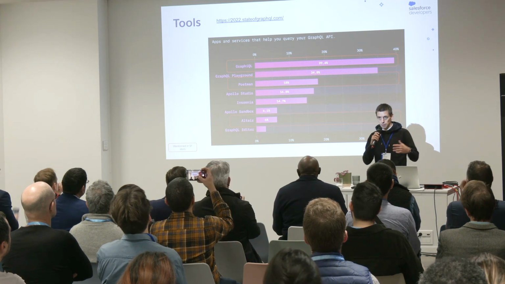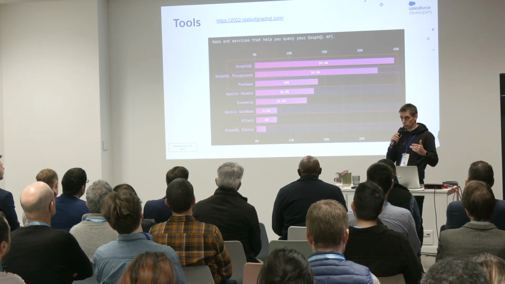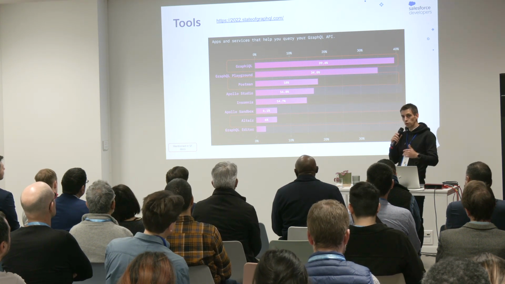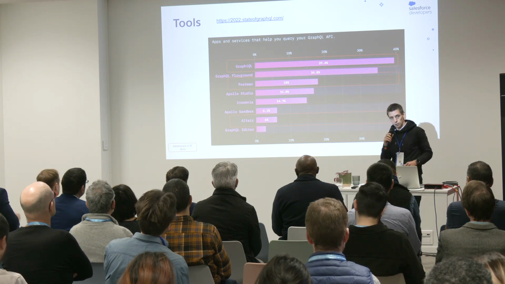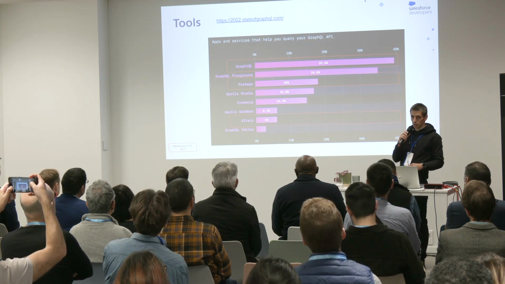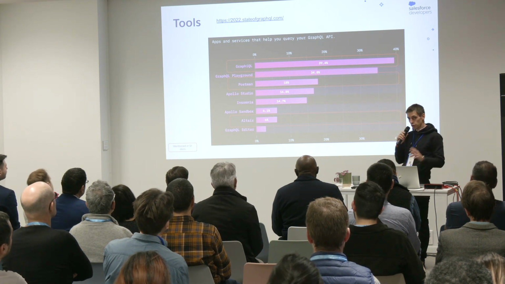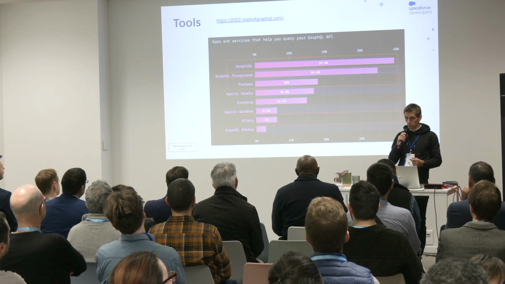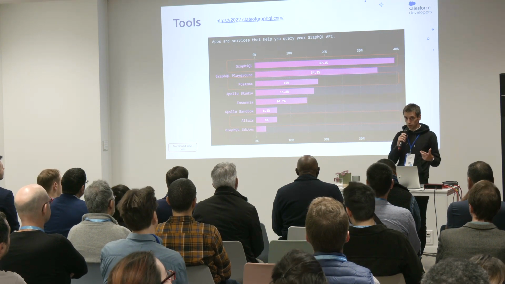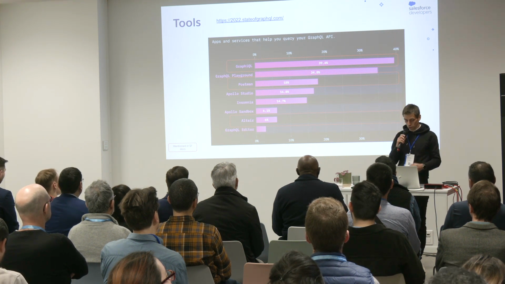It's an open survey that they send to people in the community, and people answer what they prefer as part of the tools. Here I've noted a few tools that are available in the community. Three of them are actually mentioned in the Salesforce doc, but others are available. You can use them. Those tools will help you build the request and interact with your graph. They are important to know.